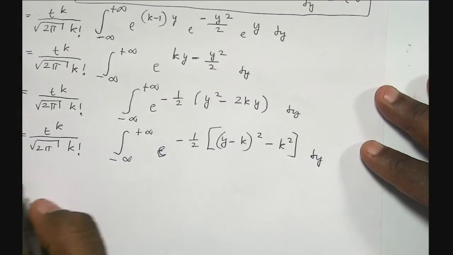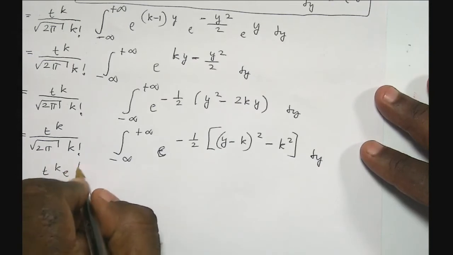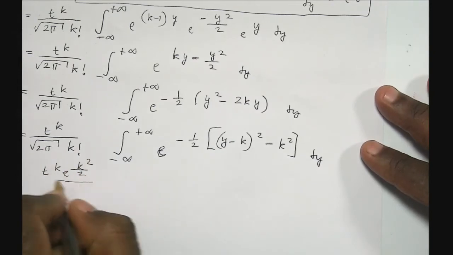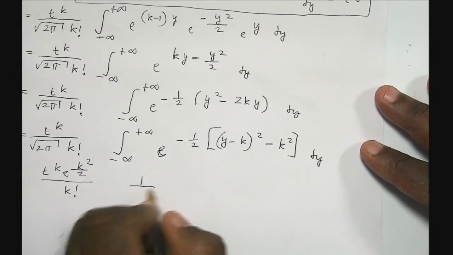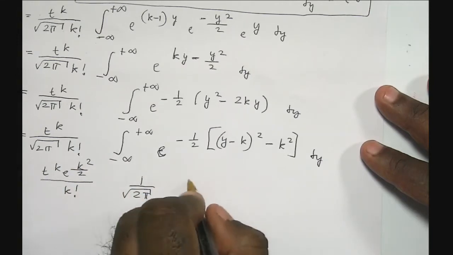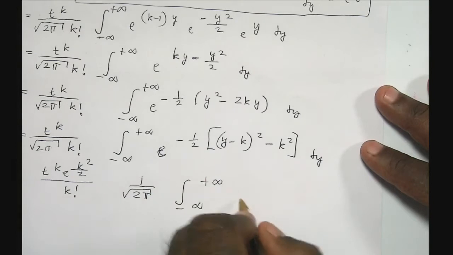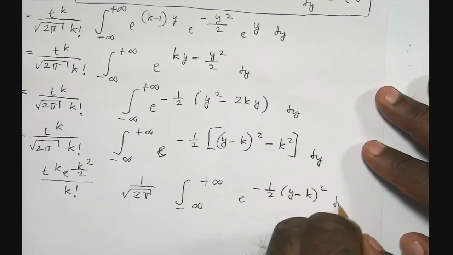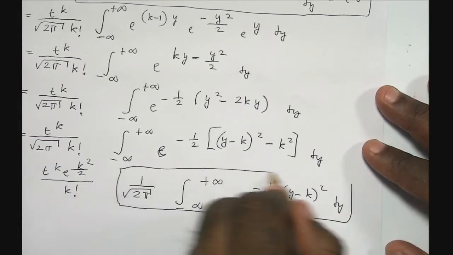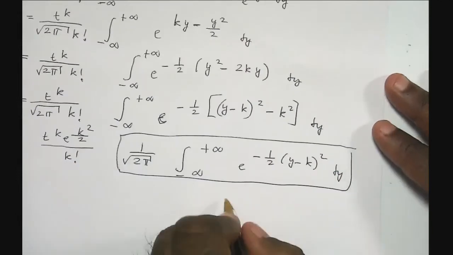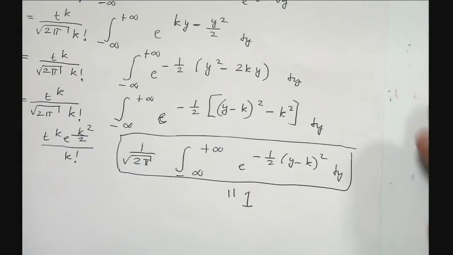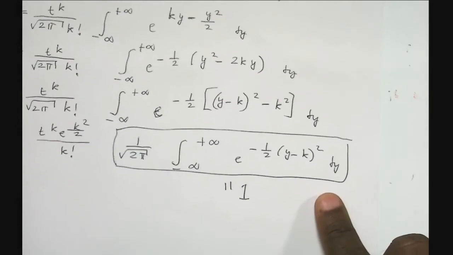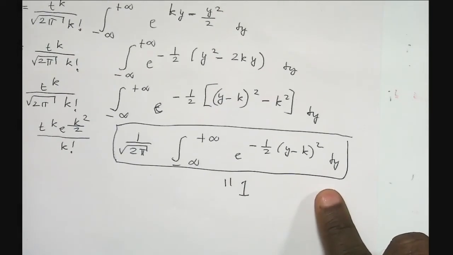So this guy here must be equal to 1, because what you're integrating, as I said last week, is the PDF of a normal distribution.